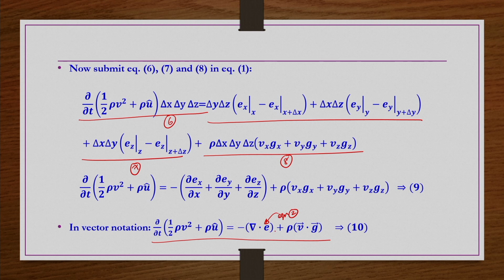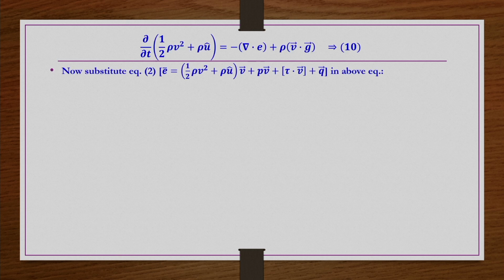All 3 terms are there in this E, and we have written those 3 terms in the form of equation number 2. So from equation number 2 we are going to substitute in place of E in this equation. What will we have?